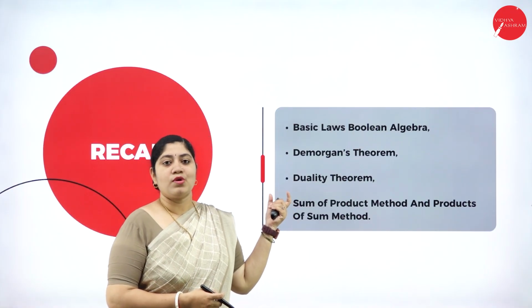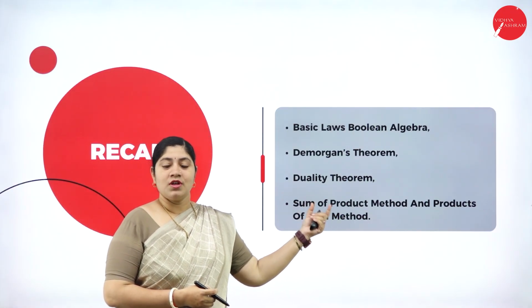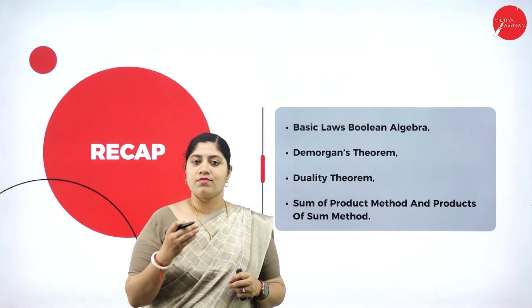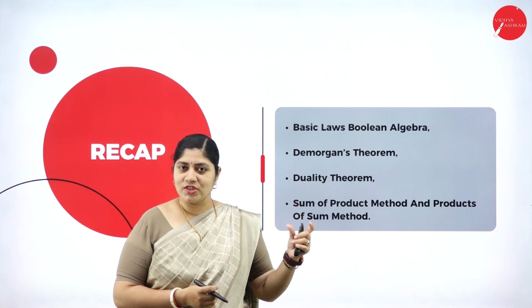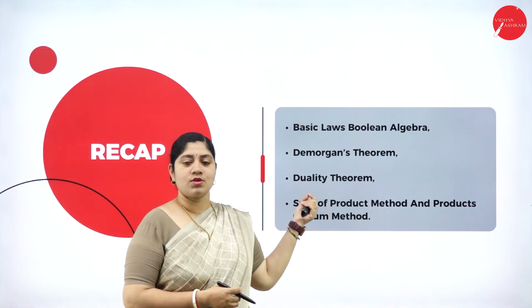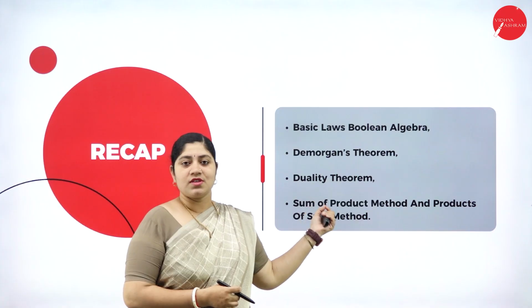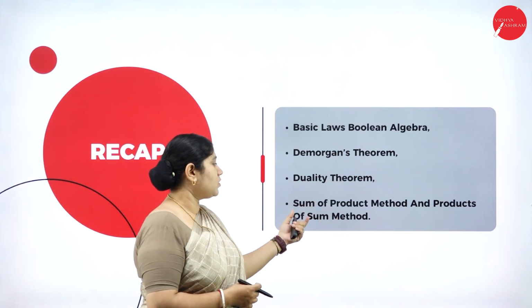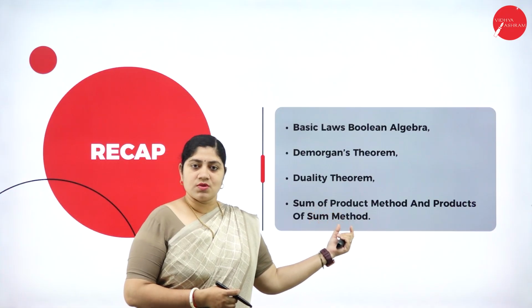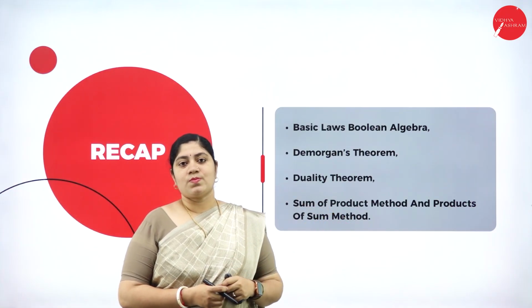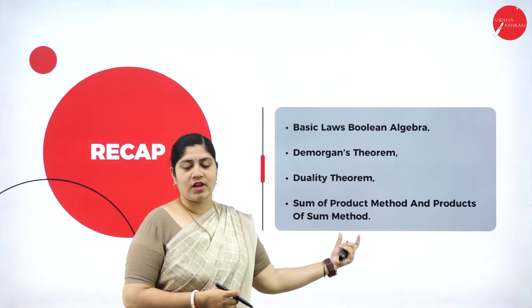Up next, we also discussed De Morgan's theorem. This is also a very important topic where you have to do the realization and draw the logic gates, and we did all these things in our previous session. Up next is the duality theorem. Even this we discussed, and we also discussed what SOP and POS are and how to minimize expressions using SOP as well as POS.